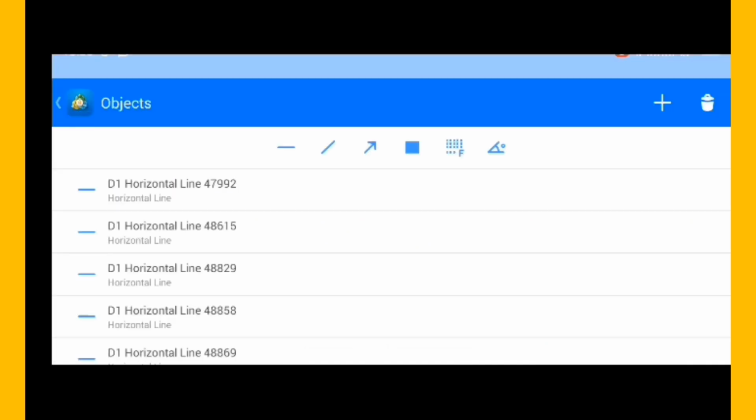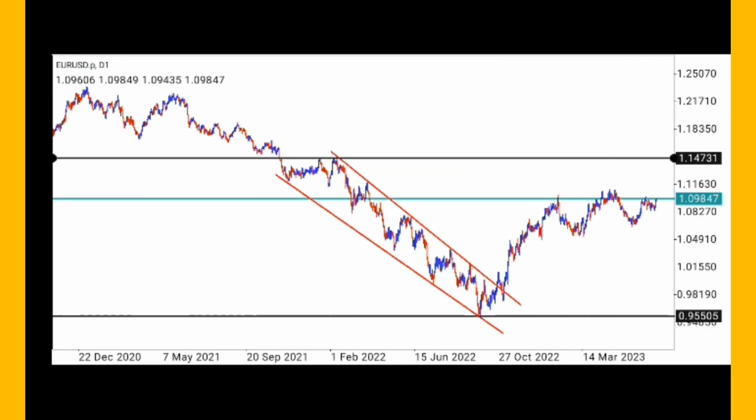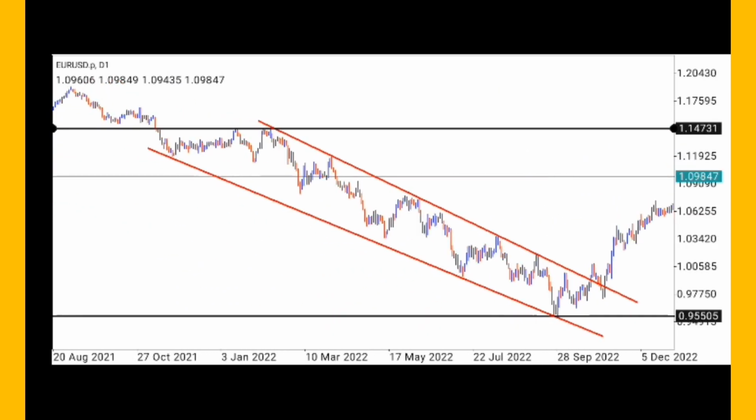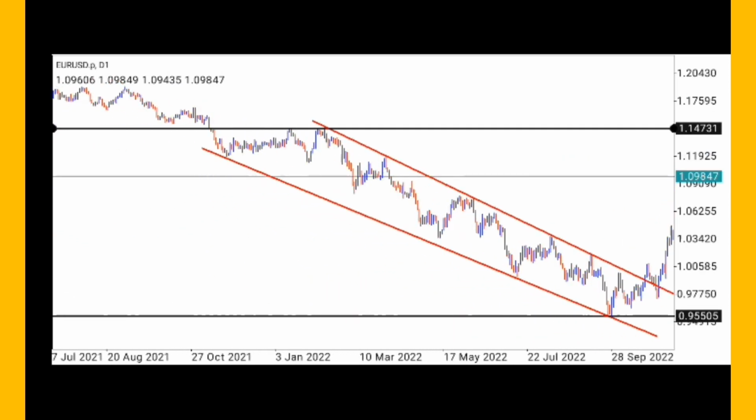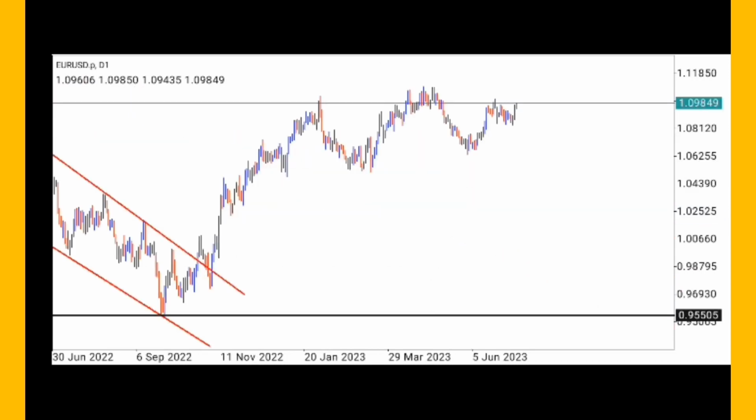We are seeing that EU is on a bullish run. What makes me say this for a fact is that I've taken a look at the DXY, and the DXY is on a bearish momentum. So we know that when the DXY is selling, EURUSD, GBPUSD, AUDUSD, NZDUSD, and the rest are most likely to be buying.